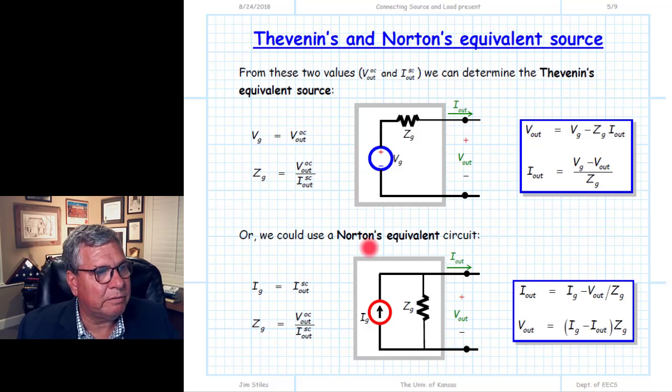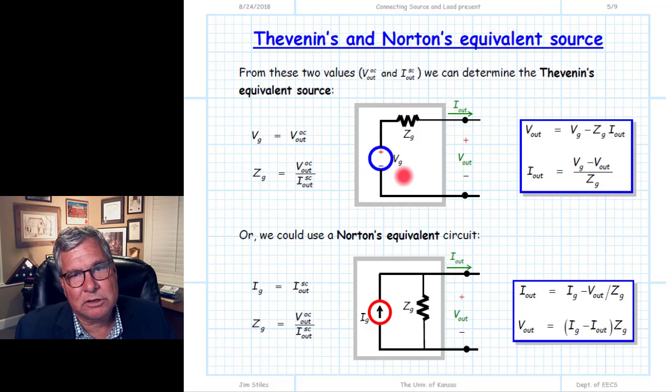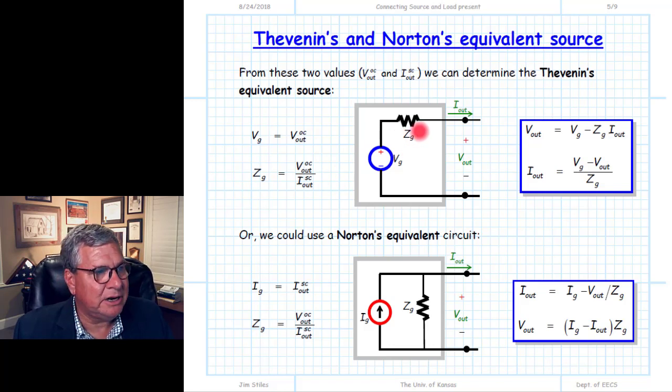For the Thevenin's equivalent, the open circuit voltage is used to determine the voltage source, the equivalent source VG. It's simply an equality. The series source impedance, we'll call ZG here, is simply the ratio of the open circuit voltage to the short circuit current. So you can see the open circuit voltage and short circuit current is used to determine the two parameters of the Thevenin's equivalent circuit.